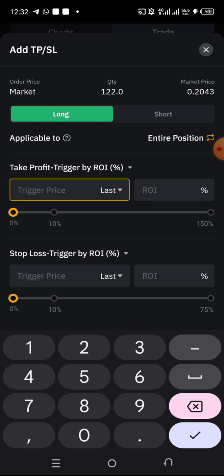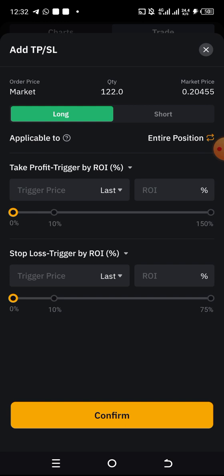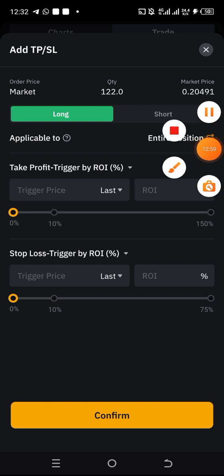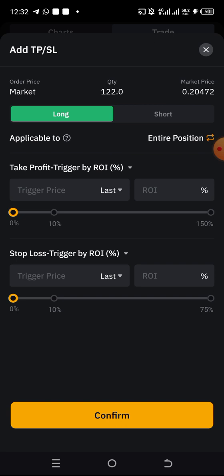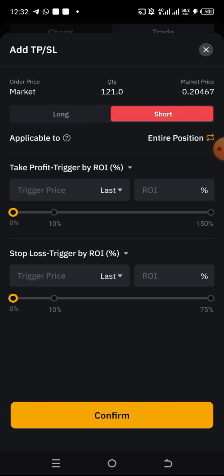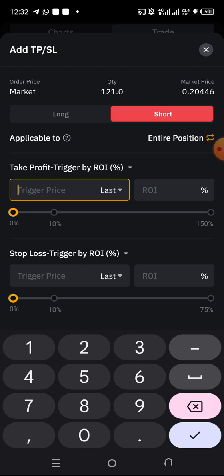Put your TP position depending on your analysis, and once you are done, remember, if you want to short, you move from long right here to short. If you want to long, you leave it like this and put your TP. For me, I want to short, so I change it to short, then I put my take profit value.